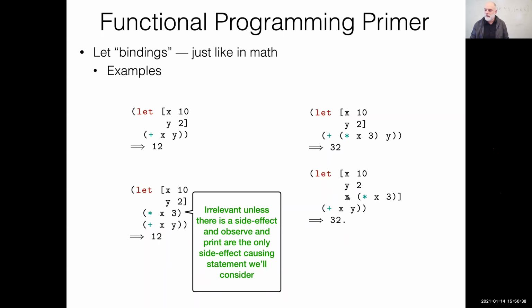So it will rebind. Yeah, never mind, that's the point of this one. x is 10, y is 2. x will be rebound to the previous value of x times 3. When you add these together, that'll be 32. Okay. So this rebinding is important. You can basically reuse variable names here, but the sequence of bindings actually matters.